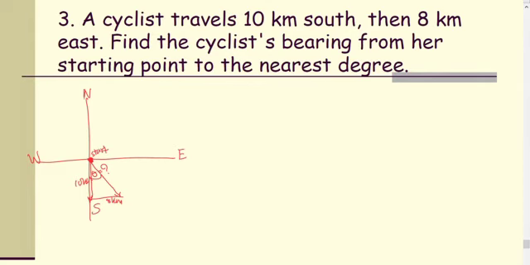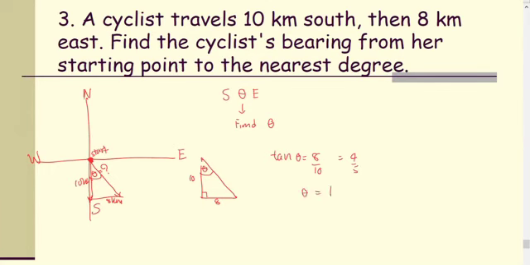The bearing will be in the form of south, an angle theta, and east. We're going to find theta. Let's redraw the right triangle diagram: angle theta, 10 kilometers south, 8 kilometers east. We have 8 as the opposite and 10 as the adjacent, so we use the tangent function. Tangent theta equals 8 over 10, which is 4 over 5.